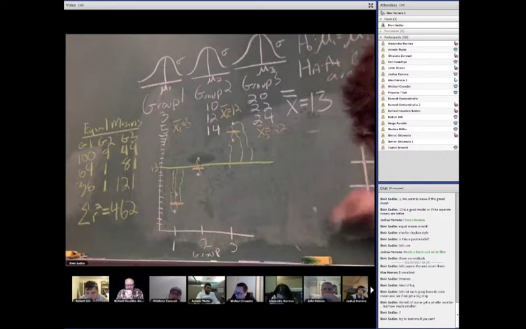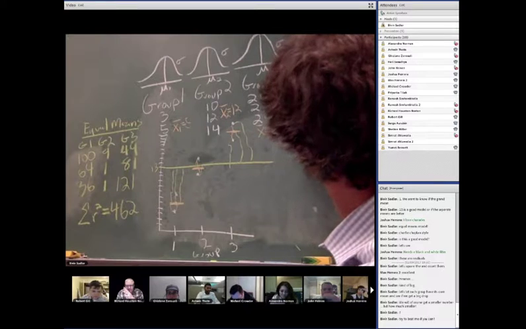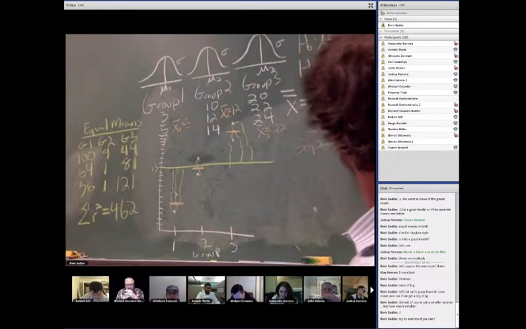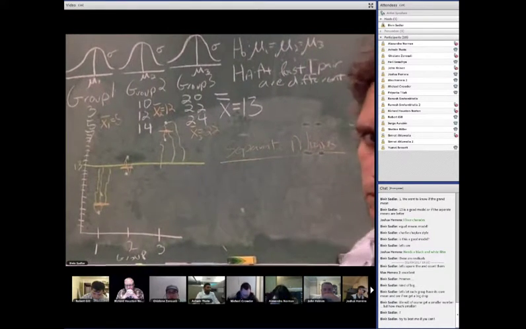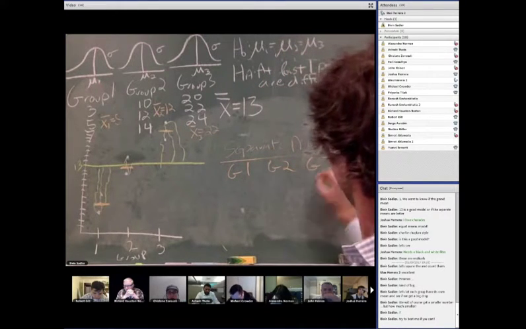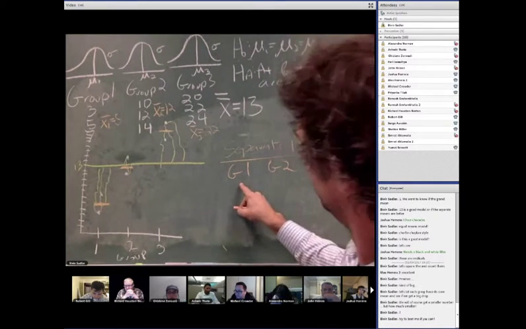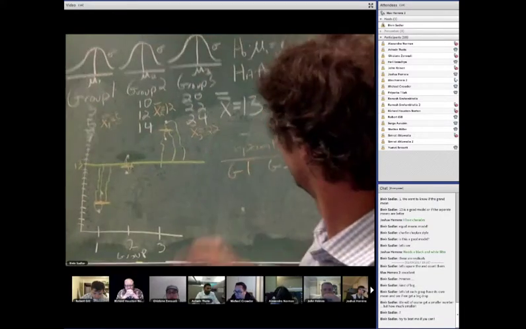Now he's getting the variance of the separated means. Zero squared. 7 minus 5 is 2, and squared, that's 4.